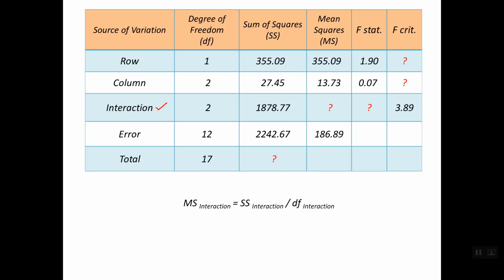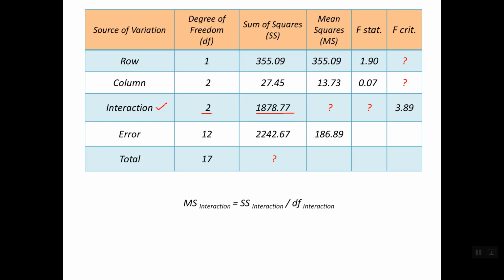Regarding the interaction, we know the degree of freedom for the interaction, and we know the SS for the interaction, but the value of the mean square for the interaction is missing.